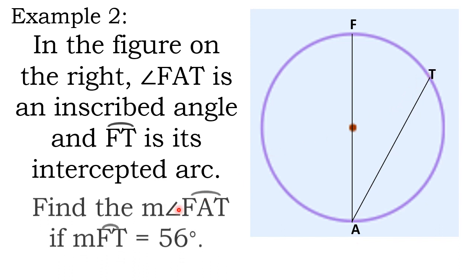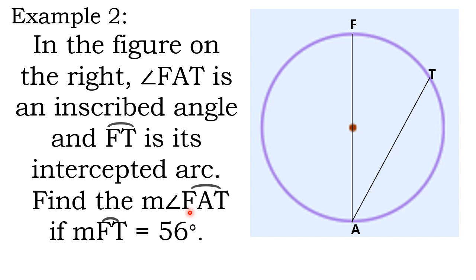Find the measure of angle FAT if the measure of arc FT is equal to 56 degrees. So here, we're going to find the measure of this angle, angle FAT.